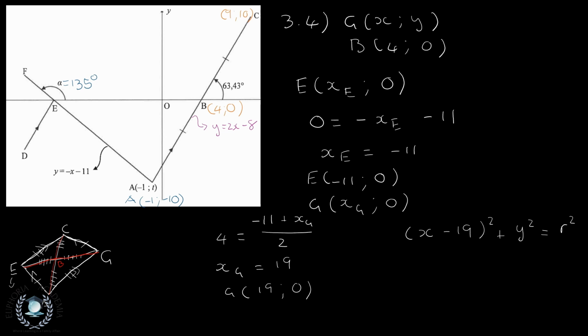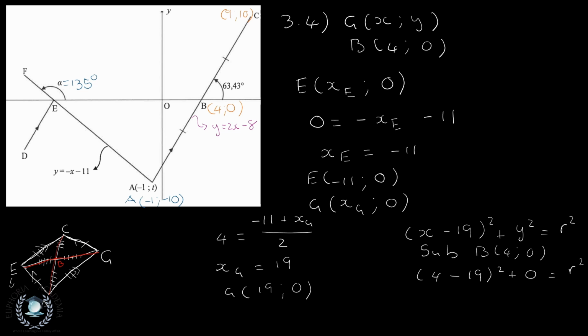Now, finding r, all we're going to do is sub in our point B, because we're told the circle does pass through there. So when we do that, x is going to be 4 minus 19, all of that squared, plus 0 is going to give us r squared.